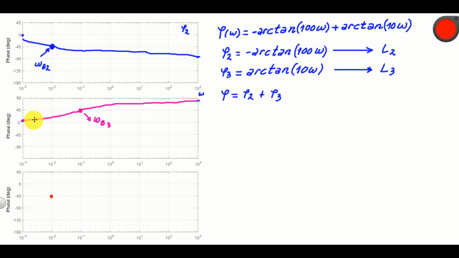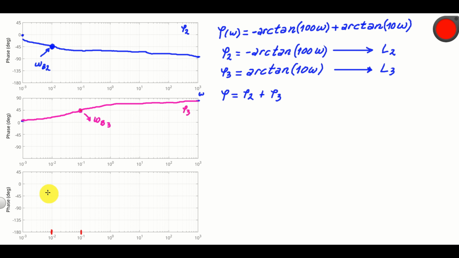This function phi 3 will lift phi 2 for a certain value, and we will have some graph that looks like this. To superimpose these two functions, first we need to denote the breakpoints over here on the joint graph. Here is the breakpoint WB2, and here is the breakpoint WB3.